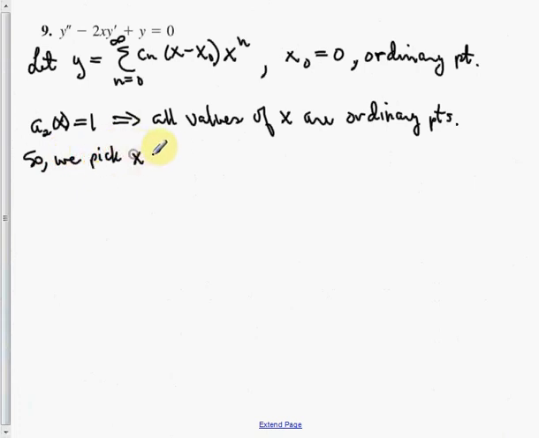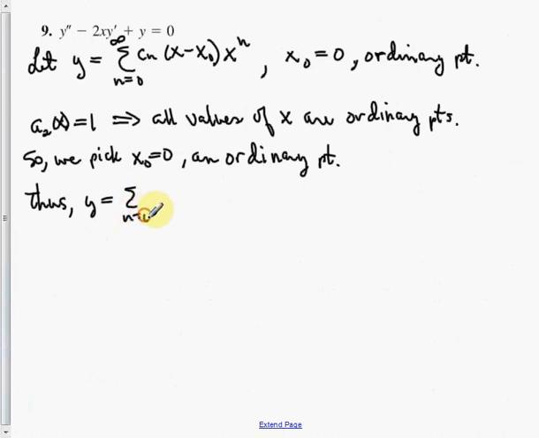So we pick x naught equal to 0. And they give us that for the problem. So that x naught here is 0, so all we have is c sub n times x to the n. So we pick x equal to x naught, an ordinary point. So thus, y is equal to the summation as n goes from 0 to infinity of c sub n times x to the nth power.